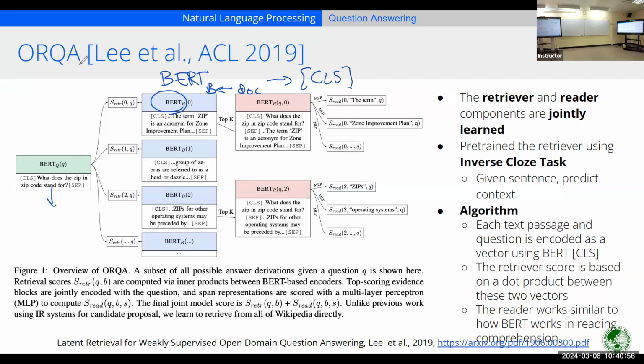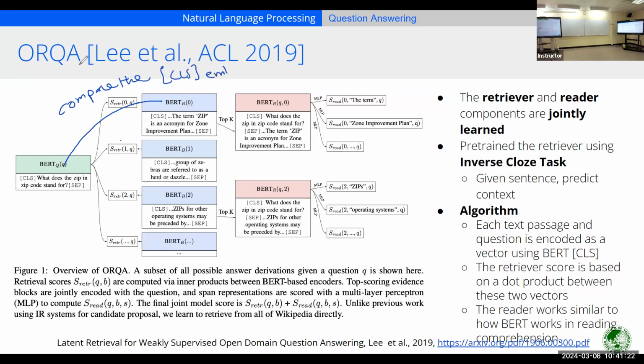So now, what do you do? Well, you perform retrieval. You compare the CLS embedding, the output of that H. Let's not call it embedding because the embedding is already gone.